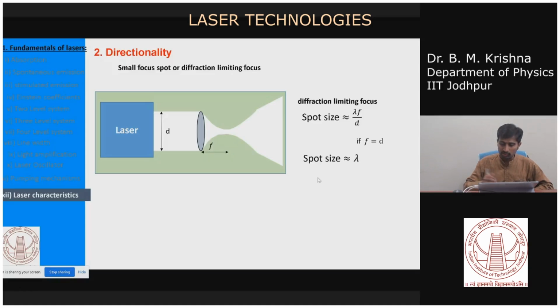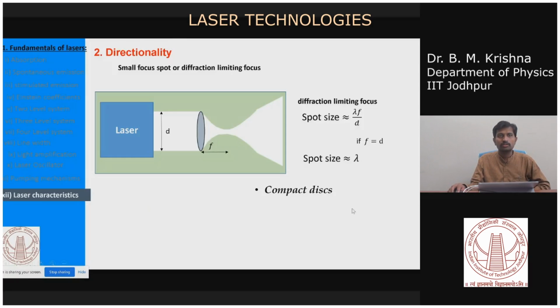For example, if you take a wavelength of 100 nanometers, you can focus up to 100 nanometers, provided the lens material has good transmission and focusability. But in principle your laser doesn't have a problem: whatever wavelength you take, you can focus up to the wavelength size. That is the advantage of your laser system. It can act as a nearly ideal light source, and that is the great advantage we get from lasers.